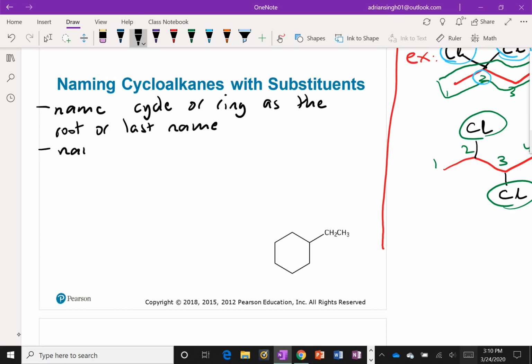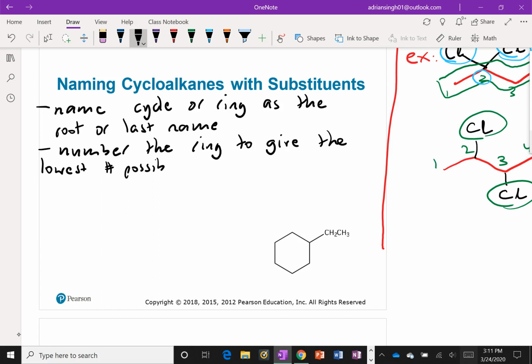And then, just like we did with the chain, we're going to number the ring to give the lowest number possible for any substituent that you have.